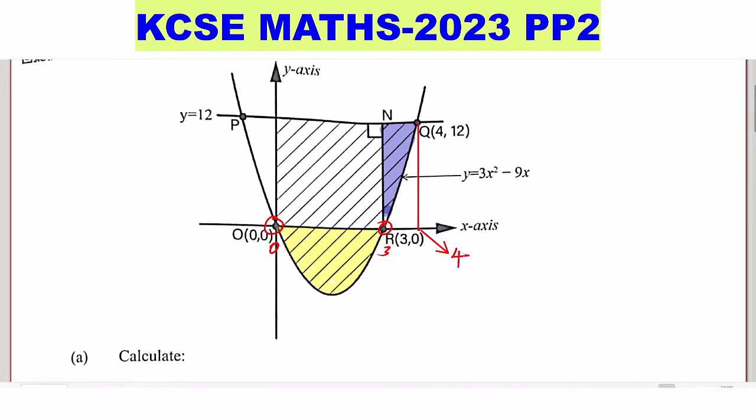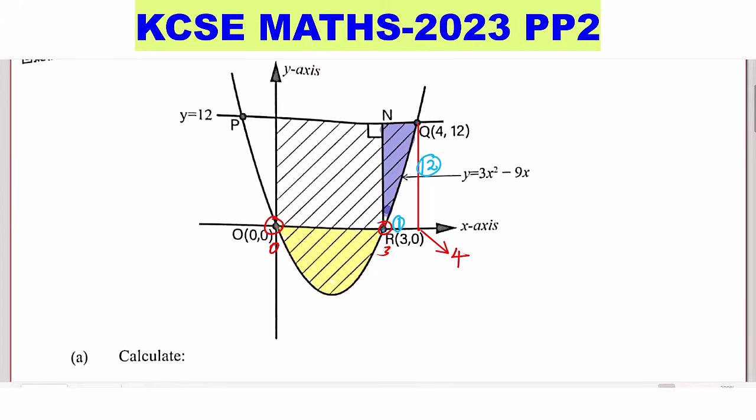This shape that has been formed here, you can see there is a rectangle. The measurement of this rectangle, from 3 to 4, is 1 unit. Then upwards from 0 to 12, those are 12 units.